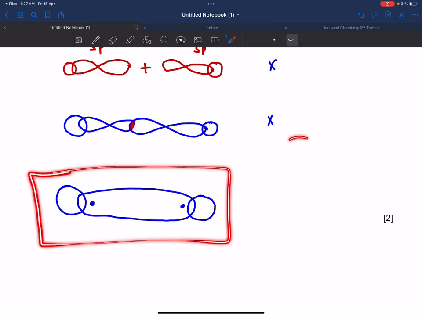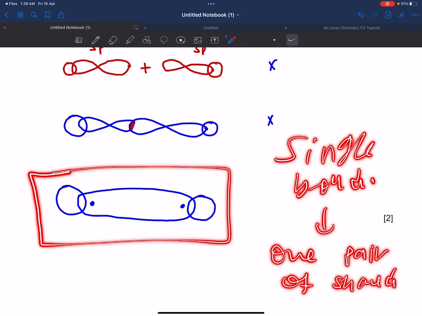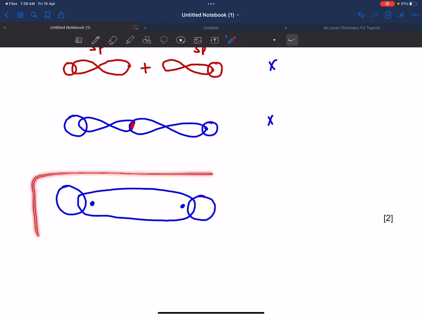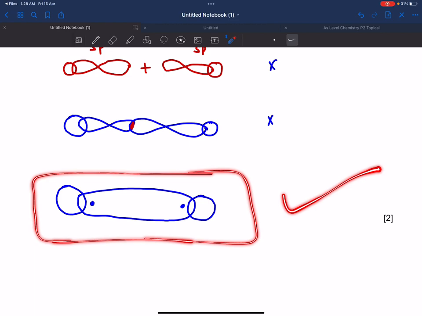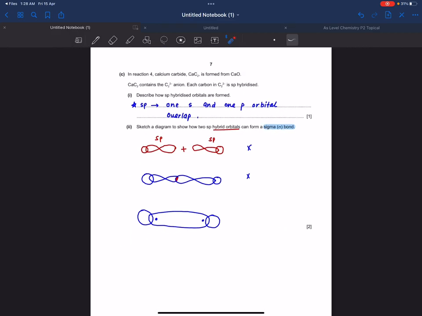A sigma bond is a single bond, and all single bonds have one pair of shared electrons. You have to remember this. That is your final answer for this question. Just remember this shape and don't forget to show these electrons. This is how sp looks. Just don't think about anything else. Remember that as it is.